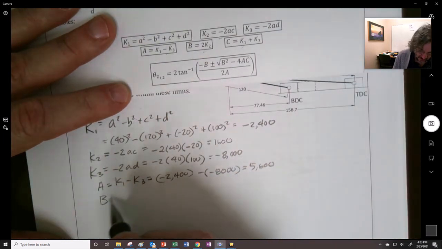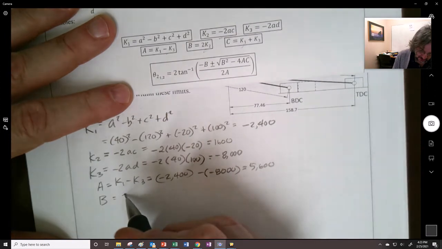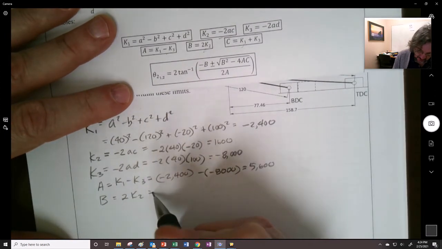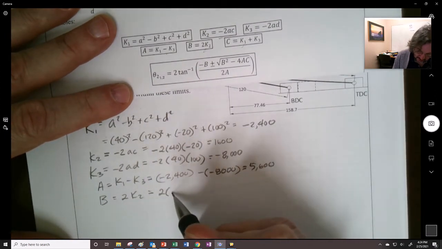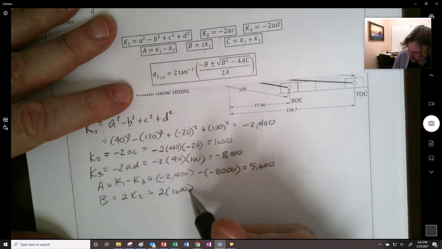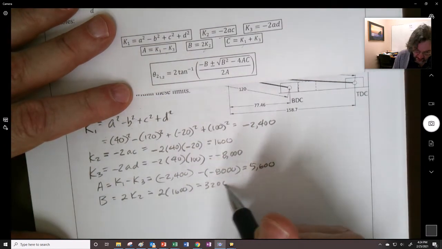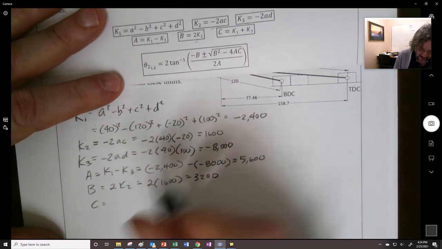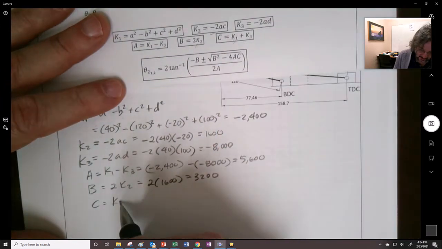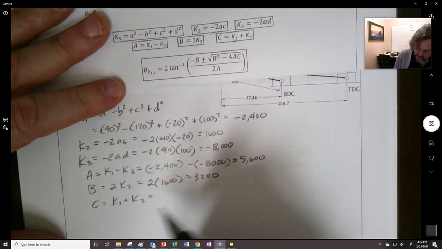And our B is going to be 2 times K2. It seems like a waste of time, but that's going to be our 1,600. I think I can do that in my head, 3,200. And then our C right here is just going to be K1 plus K3.